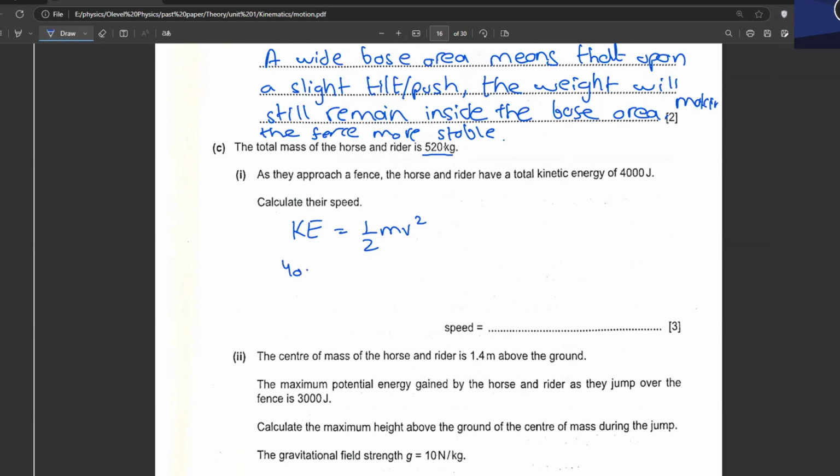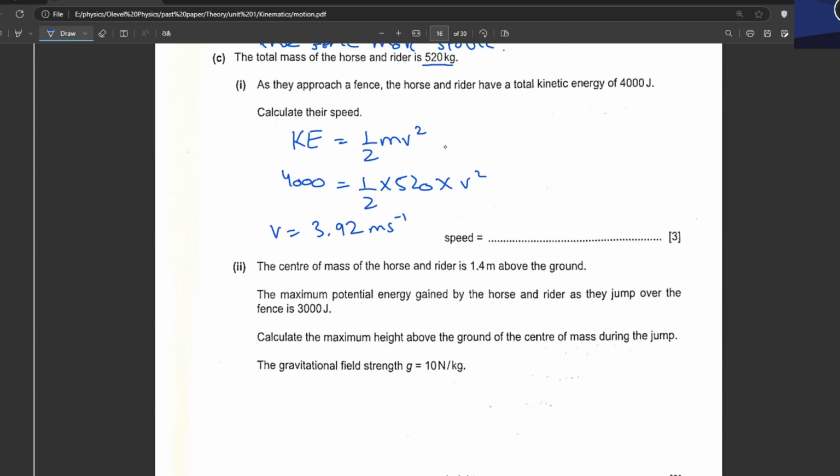Kinetic energy is 4000. 1 over 2. What is m? 520. What is velocity square? We have to calculate that. 4000 divided by 520 divided by 2, and take the answer under root. The velocity comes out to be 3.92 m s^-1. Simple as that.